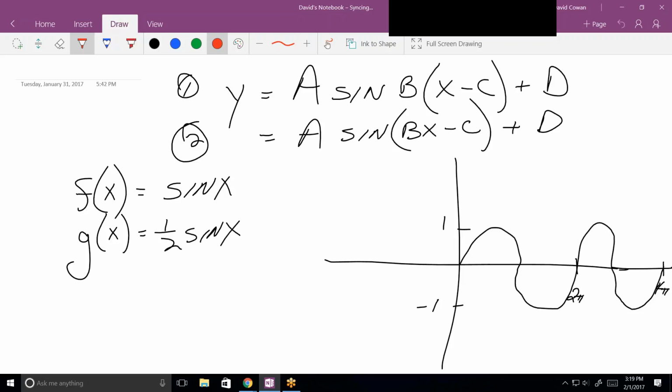You would draw a 1/2 on the y-axis, and then that is how high you would make your humps. In other words, it doesn't really change any of the other key points. It doesn't change the period. It only changes the amplitude both below and above the x-axis.